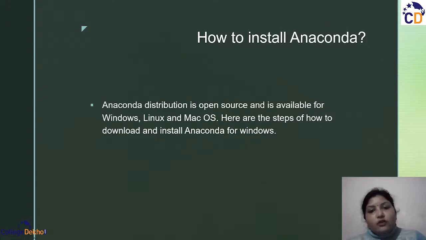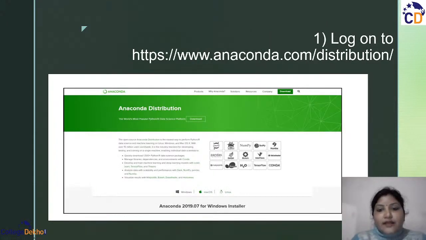So according to your operating system, you need to select the option. You will get this screen when you type anaconda prompt, where you have to go to https www.anaconda.com.